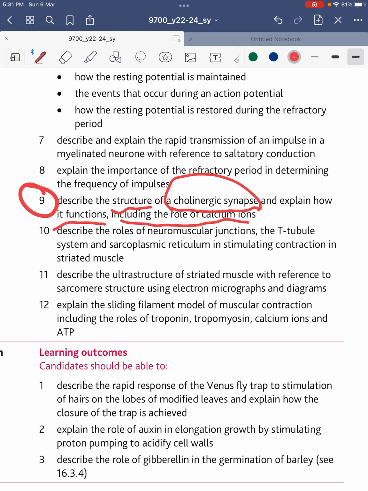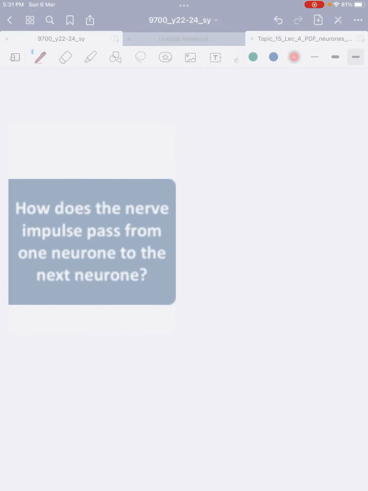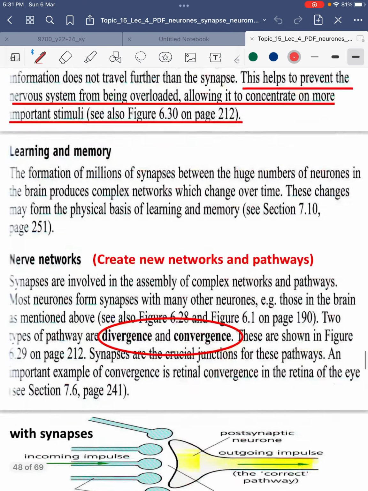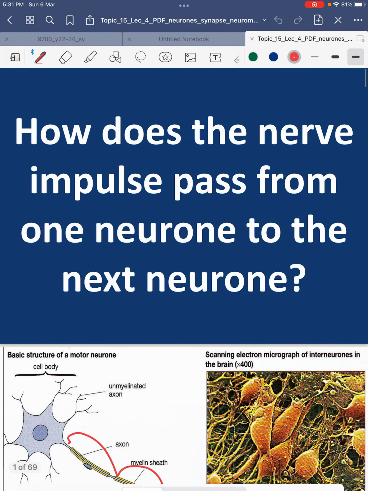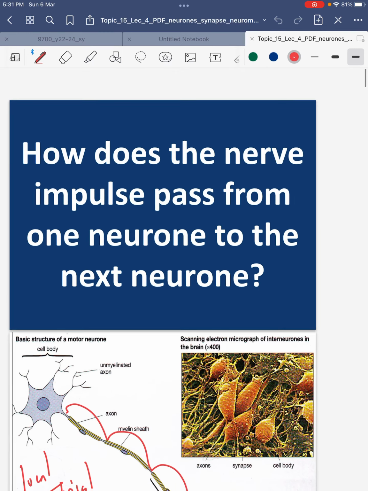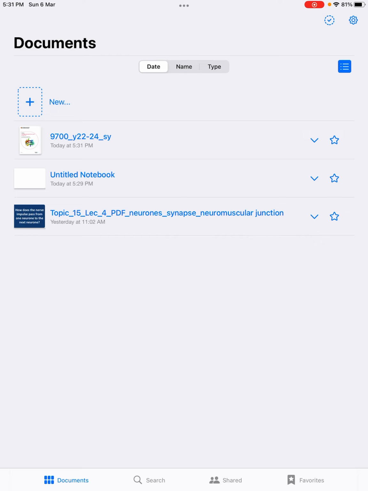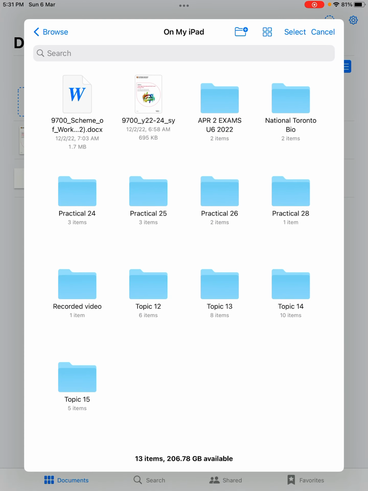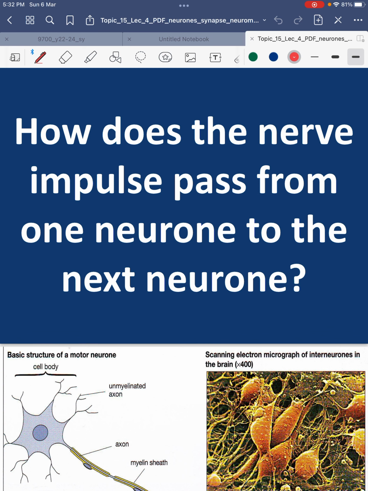So let's look at how the nerve impulse passes from one neuron to the next neuron.